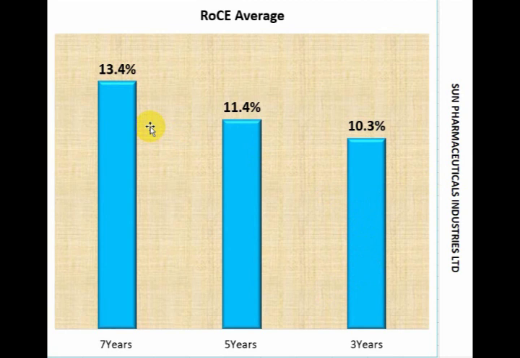Low ROCE and declining ROCE over long periods would show inefficiency, which we see here because the last 7 years' average ROCE was around 13.4%, which is declining, and within the last 3 years the average return being generated is just 10.3%.